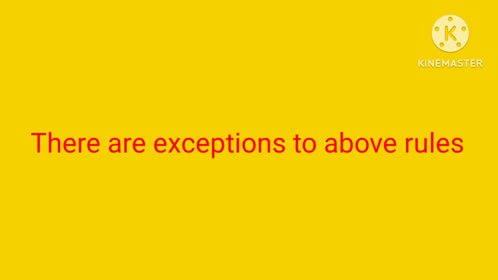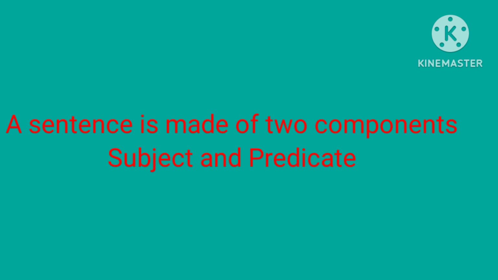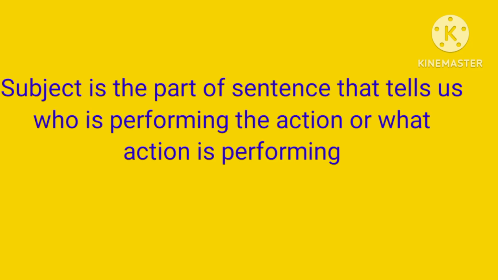Another aspect of English grammar is subject and predicate. A sentence is made of two main components, subject and predicate. Subject is the part of the sentence that tells us who is performing the action or what action is performing.